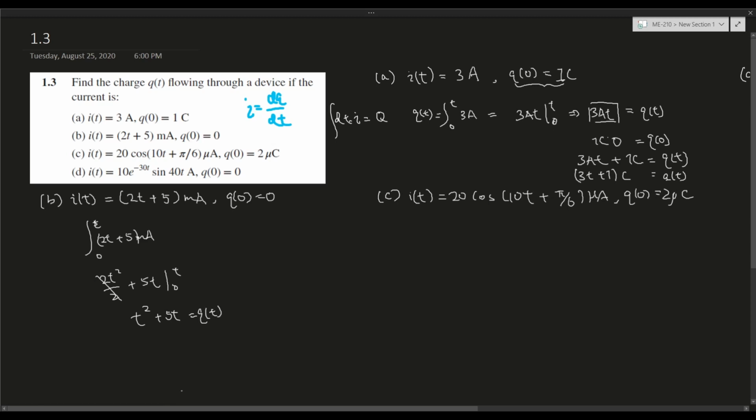Now remember the initial condition is Q of 0, so we plug 0 in here, and in the end it still gives us 0, so that means it's good. There's no constant here, because of the initial condition. Usually if we take it to infinity, we add the constant C, and we're trying to find out what that constant is.